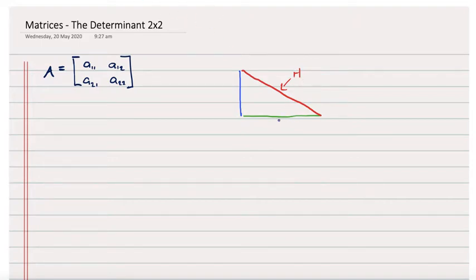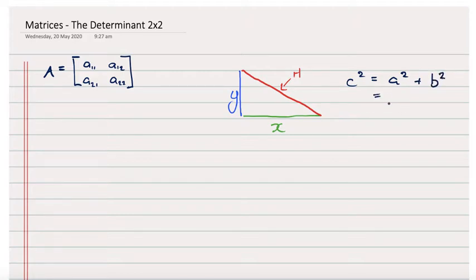Now, when we look at this sort of system, we've got a y value and an x value. The way in which we can explain this value of h is by using Pythagoras' theorem, c squared equals a squared plus b squared.